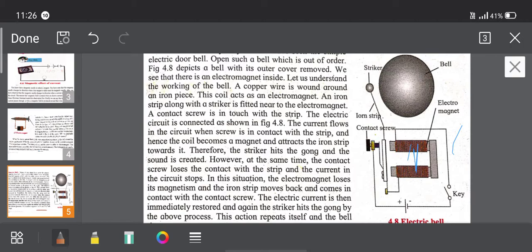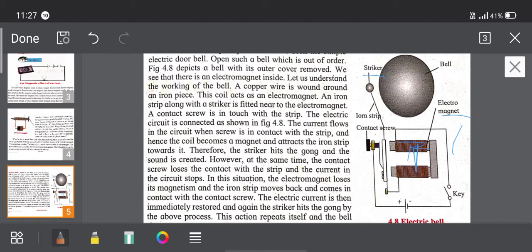Let us understand the working of the bell. A copper wire is wound around an iron piece, and this coil acts as an electromagnet. So this brown wire is the copper wire wound around the iron piece. An iron strip along with the striker is fitted near the electromagnet.